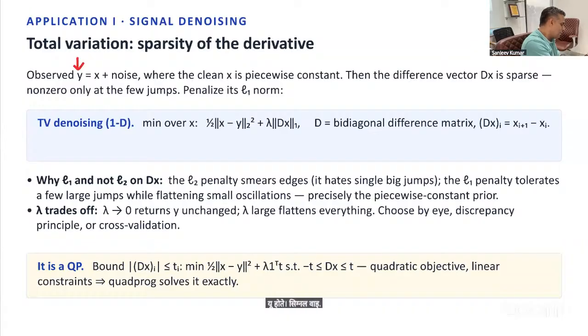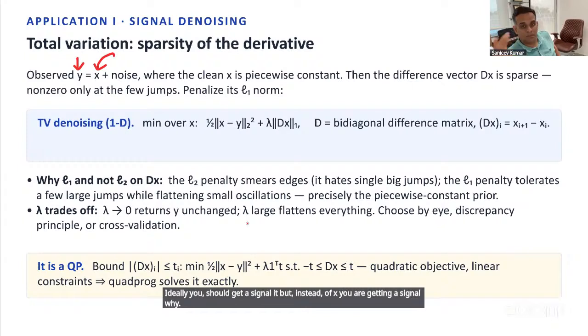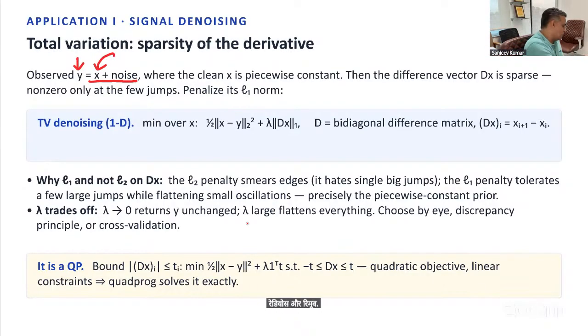Ideally, you should get a signal x, but instead of x, you are getting a signal y, which is x plus some certain noise. X is okay, and this noise is uncorrelated with x. Okay, so how to reduce or remove this noise? Meaning, given y, how to find a good approximation of x.